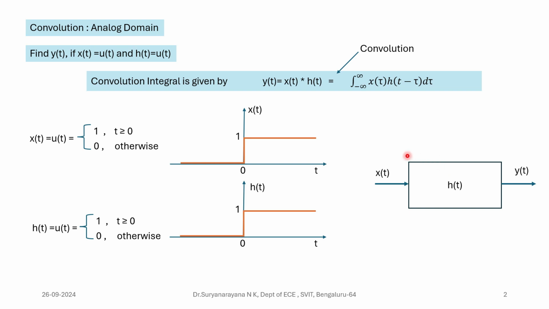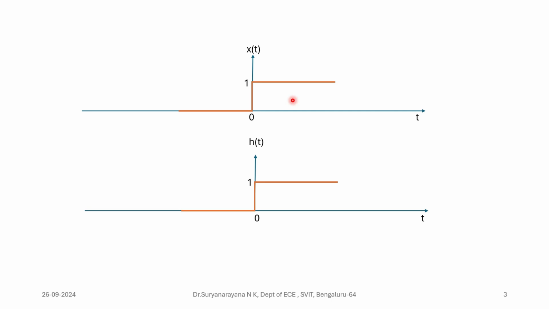Now, in order to carry out the convolution process, write the waveforms for x of t and h of t as shown. The axis here is time. In the second step, we change the variable t to tau, retaining the amplitude of x of t and h of t as it is.